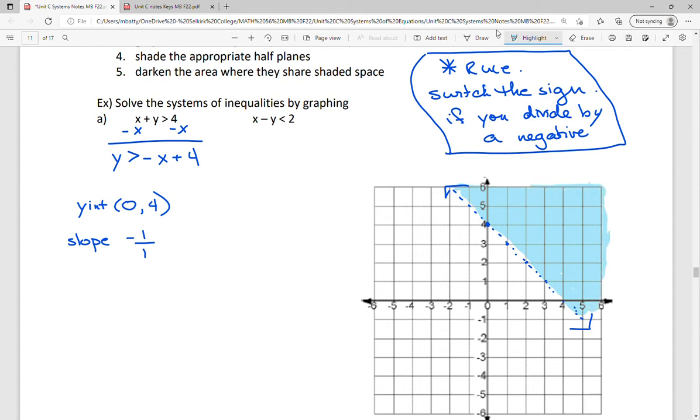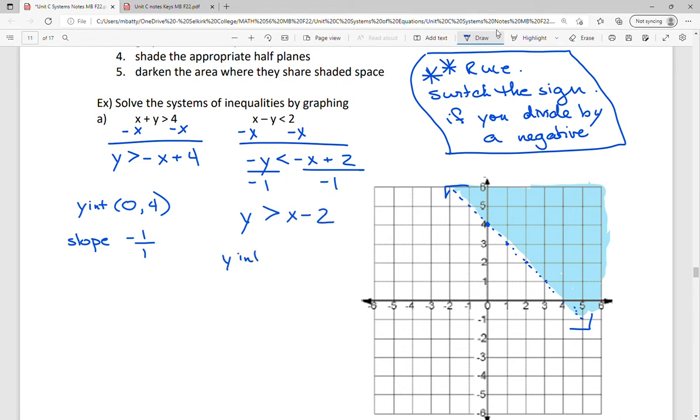Okay, so let's move on to the second one. So I'm going to start by subtracting x on both sides. I get -y is less than -x plus 2. Dividing by -1, enacting my rule, I'd have y is greater than x minus 2. So my y-intercept would be (0, -2).